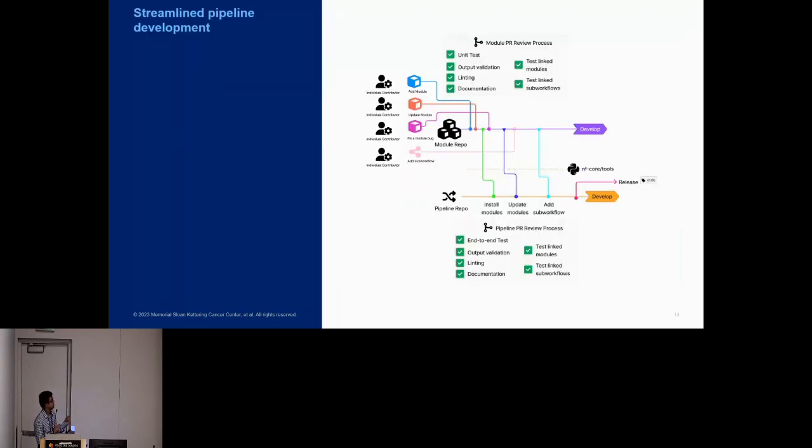This is a neat little diagram that shows the intersection of having the modules repo and how that benefits you in your pipeline development. Now that we have this modules repo with all the modules contributed by coworkers, all of those are already passing all the unit tests, validation, linting, everything. Those modules are good to go.